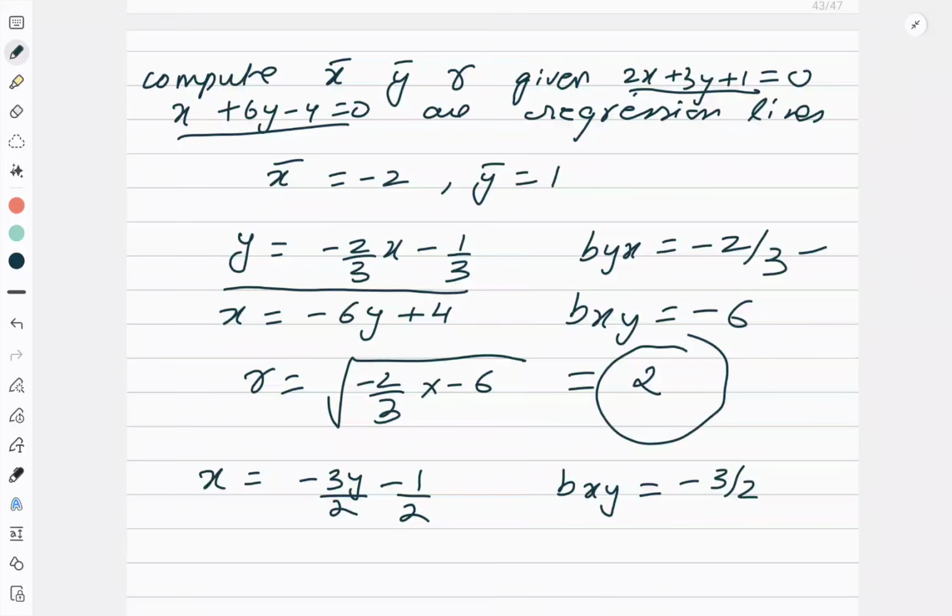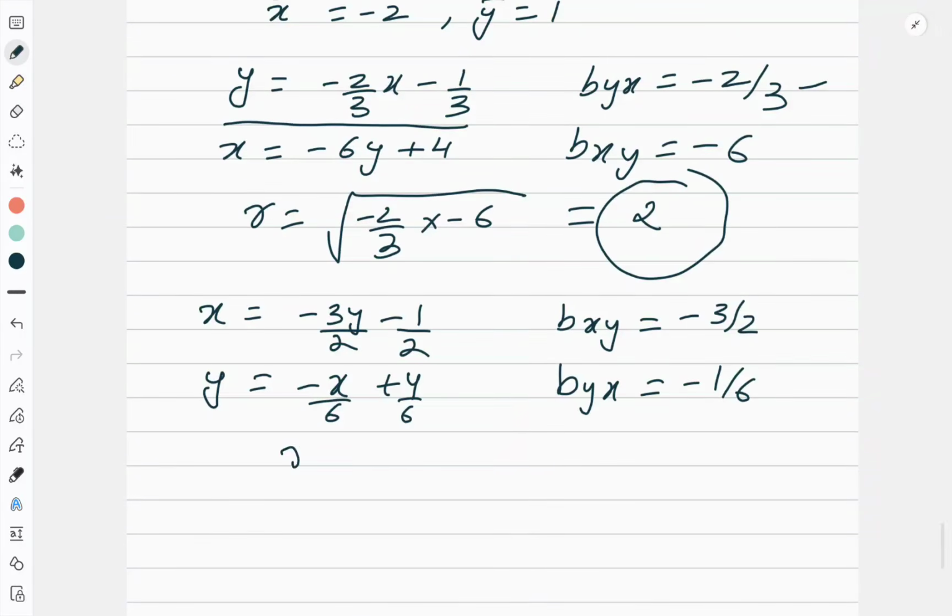Same way from the second equation, I will find y. So y is equal to minus x plus 4 upon 6. So byx is equal to minus 1 by 6. So now if you find r, r is minus 3 by 2 into minus 1 by 6. So 3 ones are 3, twos are, so it is 1 by 4, which is 0.25. So this is okay.